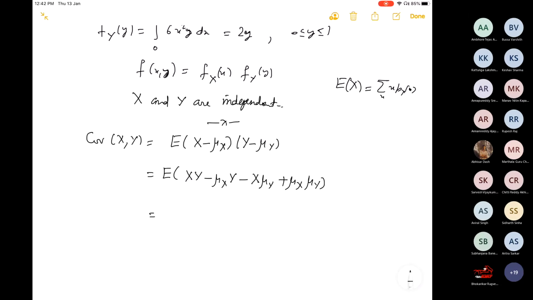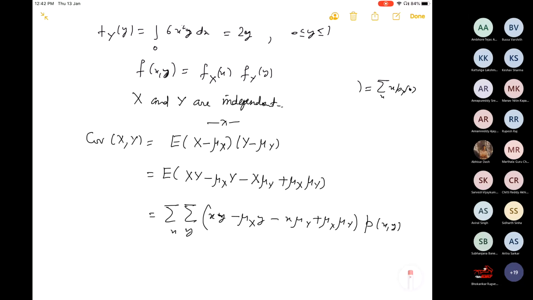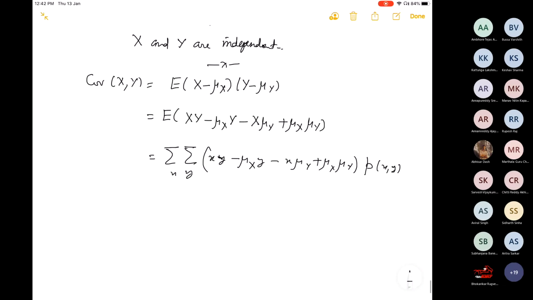But here X and Y random variables are both there, therefore this is XY minus mu x Y minus X mu y plus mu x mu y, into the joint. Let me take the discrete case; the continuous case goes the same way, instead of summation, integration will come.